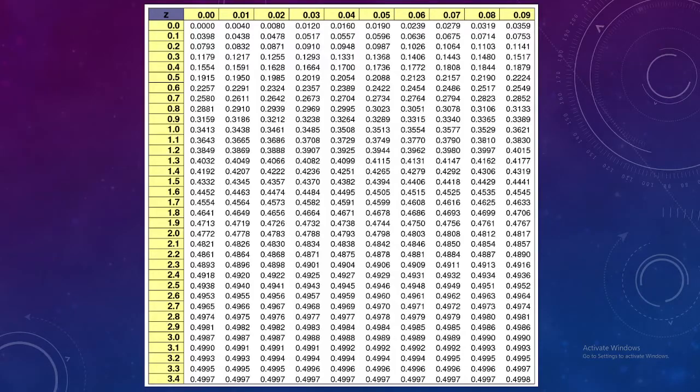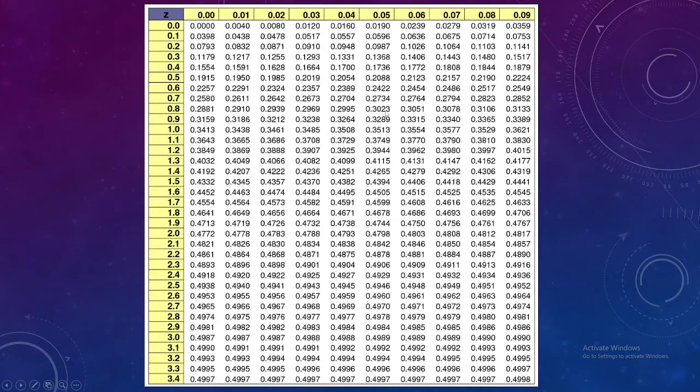So going to the table, let us find 0.30. It's close to either 0.2995 or 0.3023. If I'm going to use 0.2995, what is the difference from 0.30? It's 0.0005.